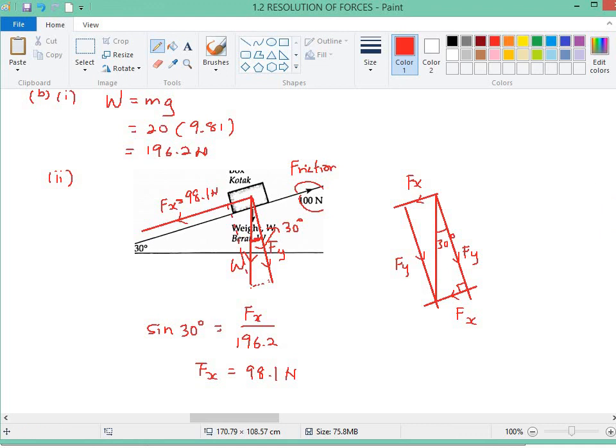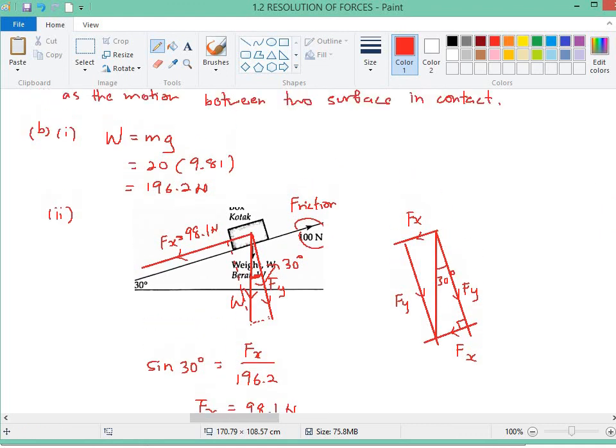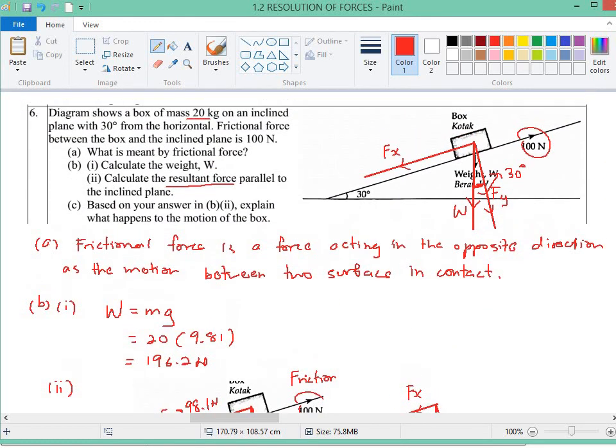One thing I need to inform you about friction is, if it says that the frictional force between the box and inclined plane is 100 Newton, what it means is that the maximum friction between these two surfaces is 100 Newton. You understand what I'm saying?